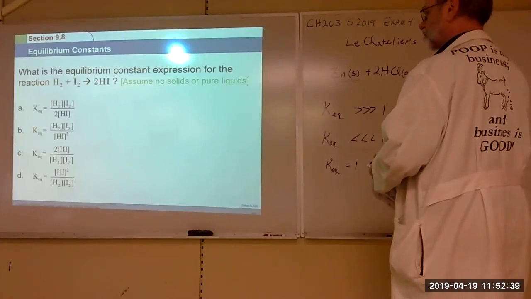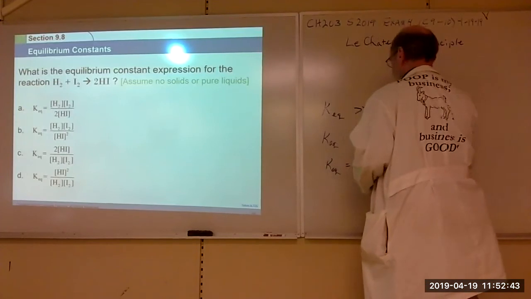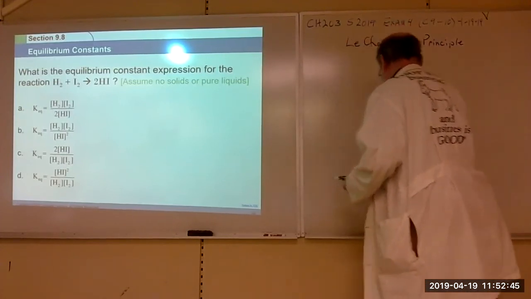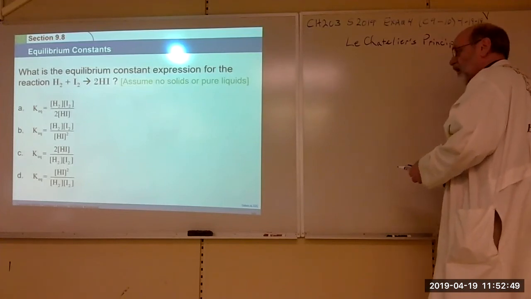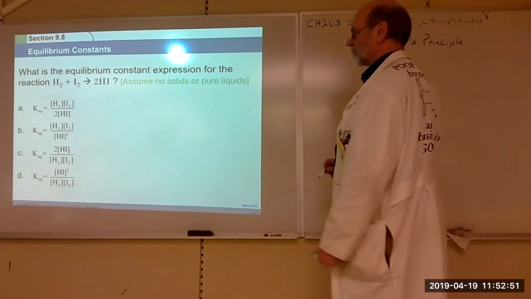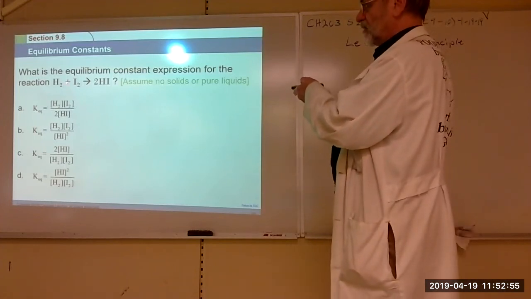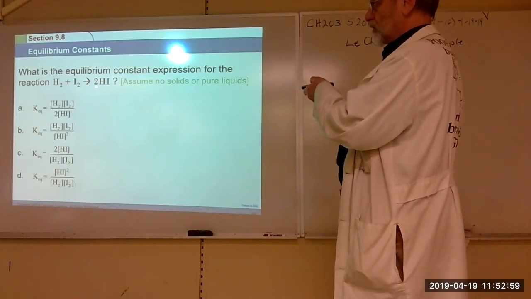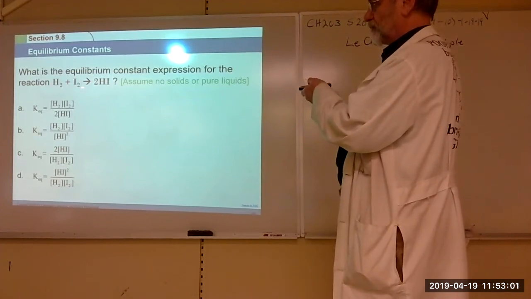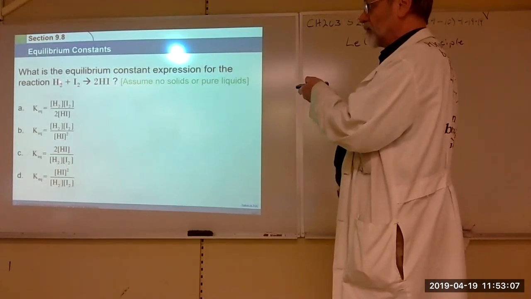Okay. So what's the equilibrium constant expression for this reaction? If you need a methodical way to generate this, well, in this case, we're not saying gas or aqueous solution, right? But we know this one is gas.